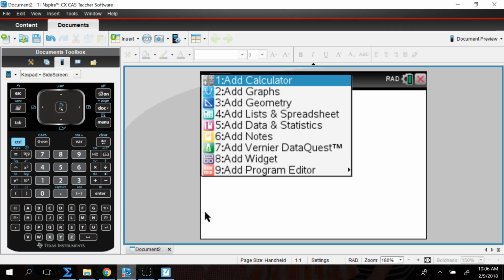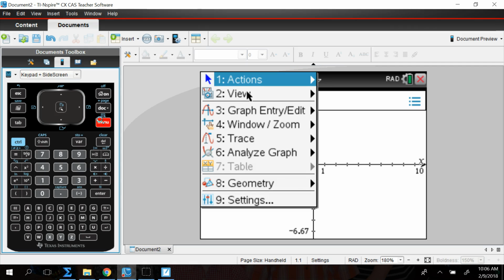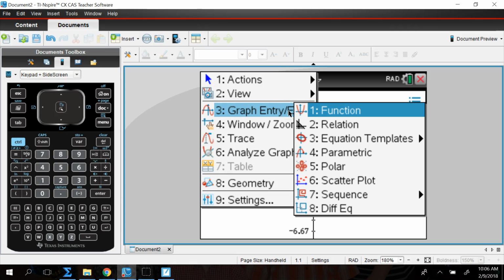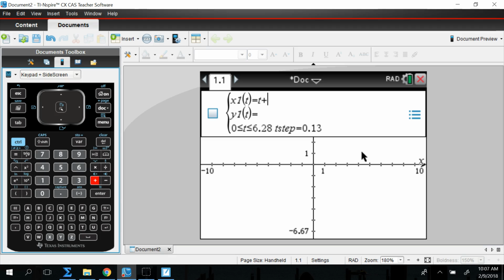Okay, so I need to have myself a graph, so I'm going to add a graph in there. My graph is currently in function mode. I need to get it in parametric mode, so I'm going to go Menu, Graph Entry Edit, and Parametric. That changes that over to parametric. My x value was t plus 1.